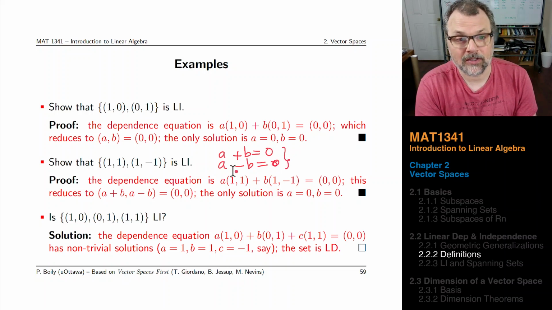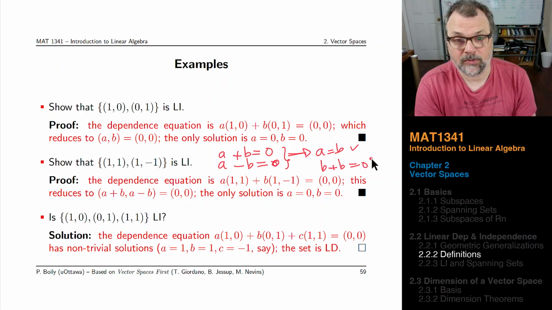Let's take the second equation and solve for a. So we get from here that a has to be equal to b, the second one. And if a is equal to b, we plug it back into the first equation. That gives us that b plus b is equal to 0.